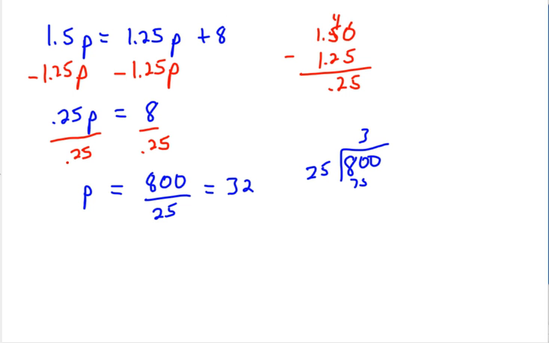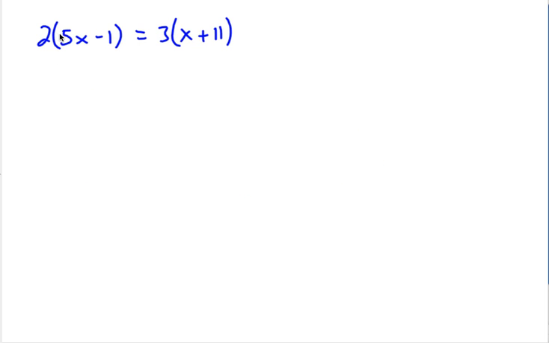So the first thing we're going to do is distribute the 2 here and the 3 here. So we're going to get 2 times 5x, so we got 10x, and then 2 times negative 1 is negative 2, or minus 2. Over here we'll have 3 times x plus 3 times 11. And now we can start getting the variable on one side.